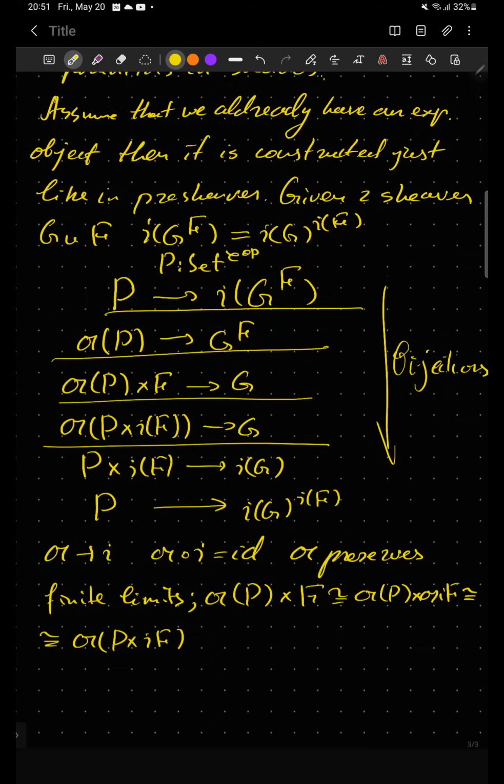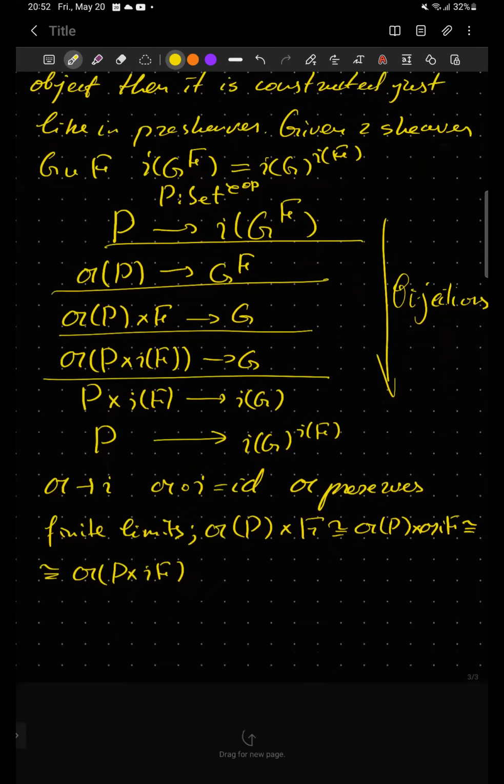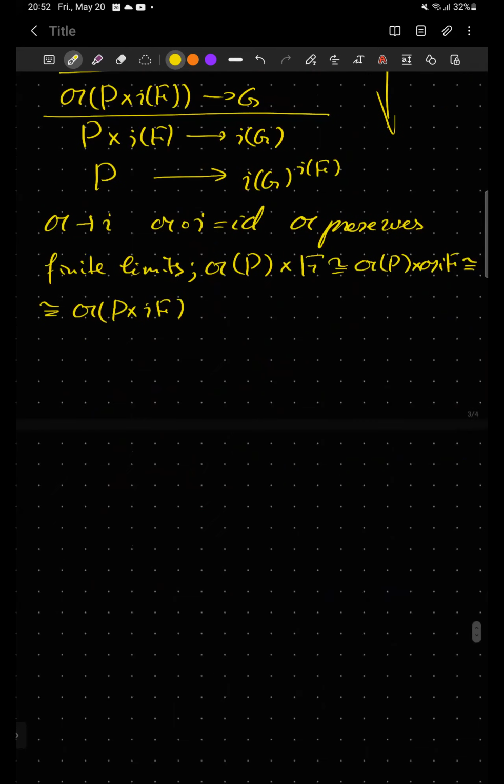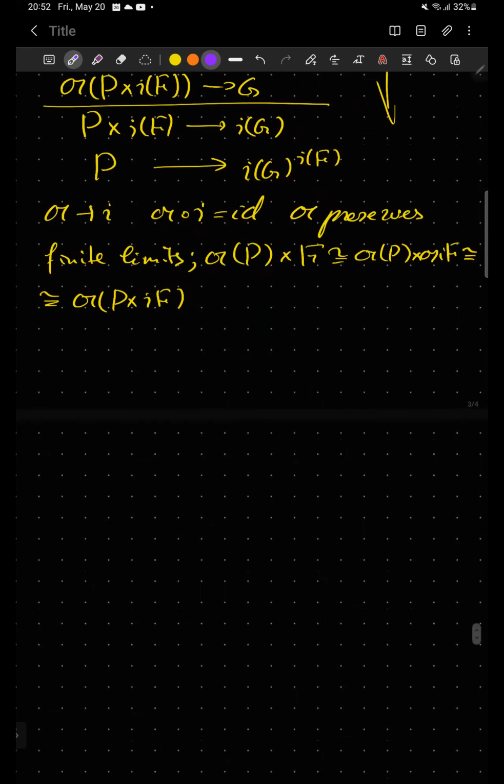Okay. So now I formulate the following proposition, which is quite important for exponentials in sheaves. Proposition: let P and F be two pre-sheaves.